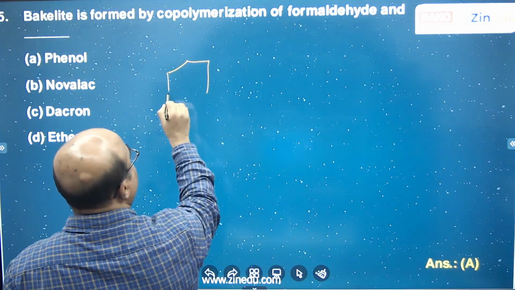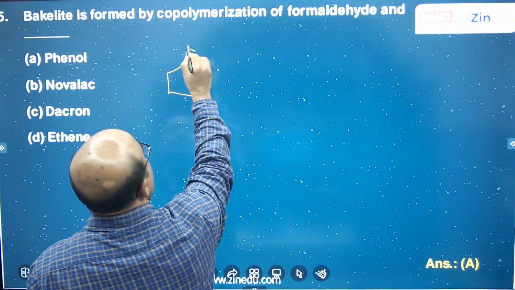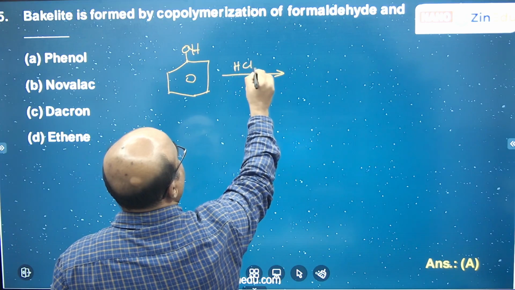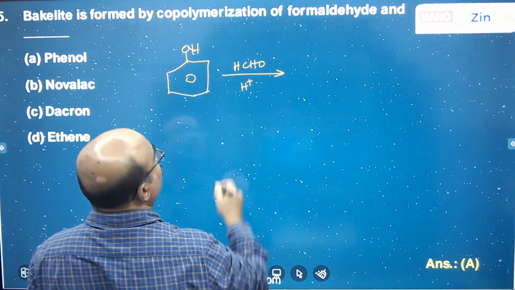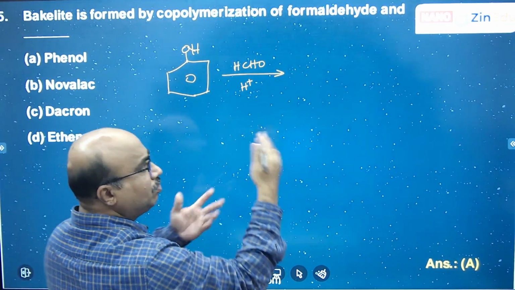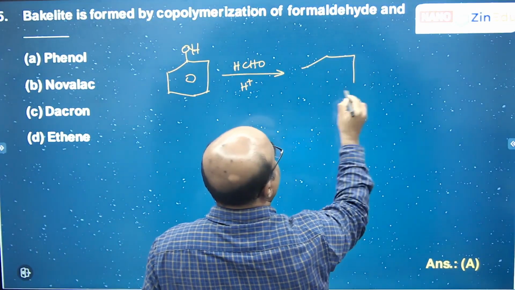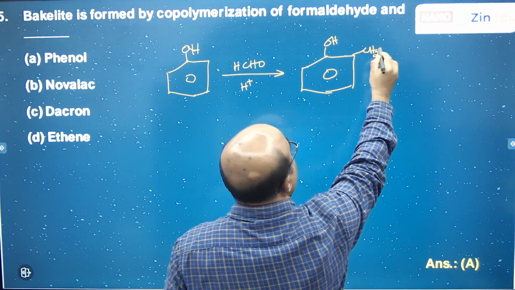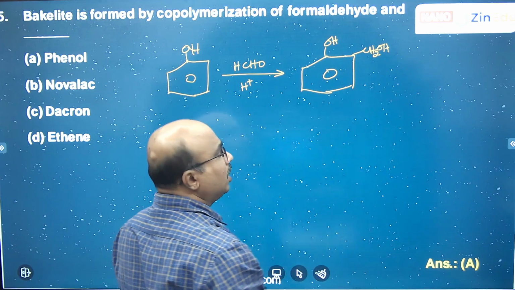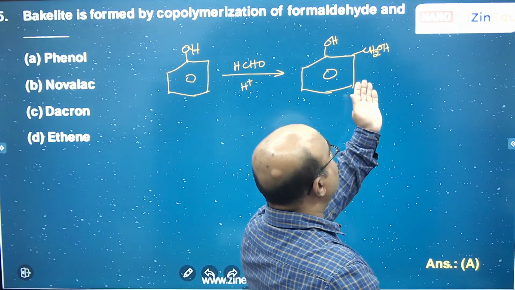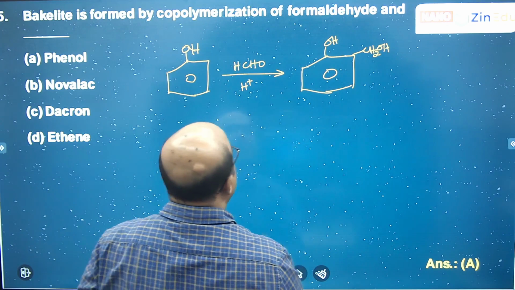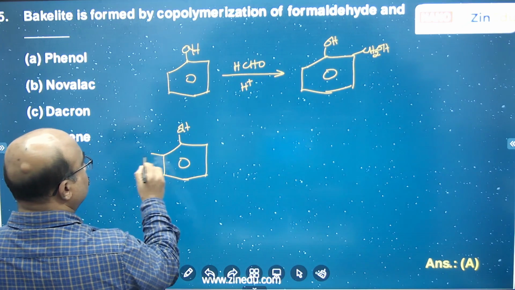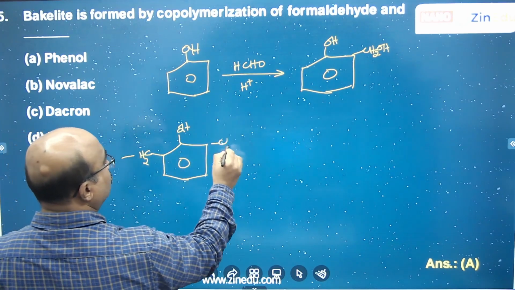Phenol is treated with formaldehyde in an acid-catalyzed process. You will see this is converted to CH2OH. The reaction continues between the phenol and this compound, and you will get the linear polymer with OH and CH2 units.